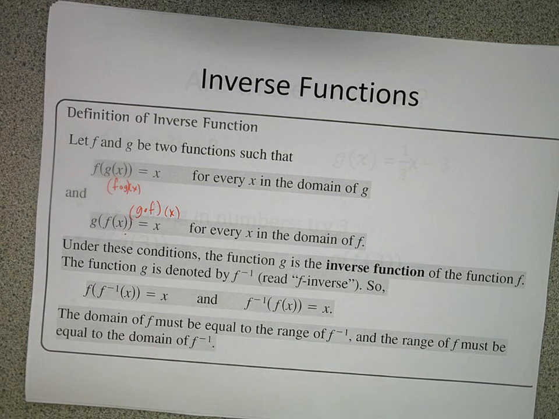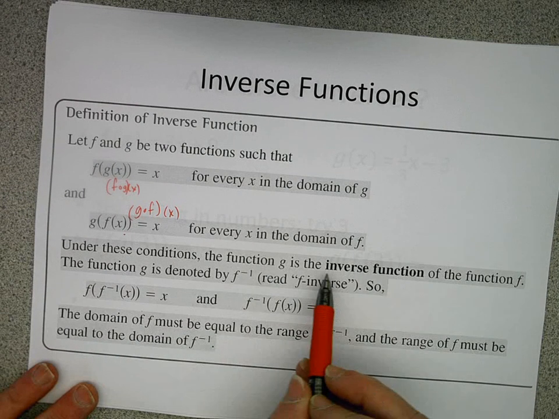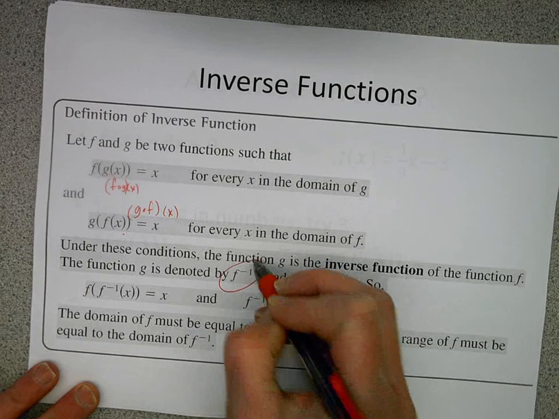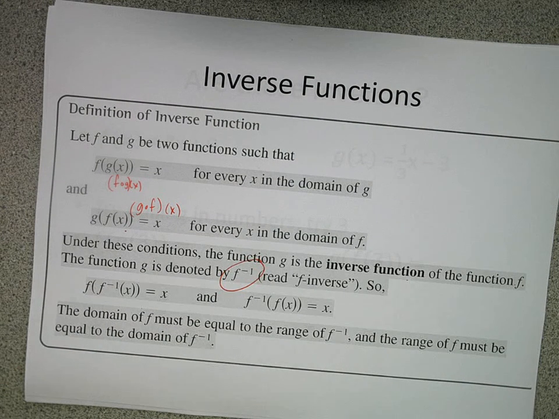So the operations, when you do the composite, it just undoes everything the other one did. So under these conditions, the function g is the inverse function of f, and the function g is written as this. So once you find the inverse, you write a little -1. So if you've seen the inverse -1s before, when we did the inverse of sine, cosine, and tangent when you're finding an angle.